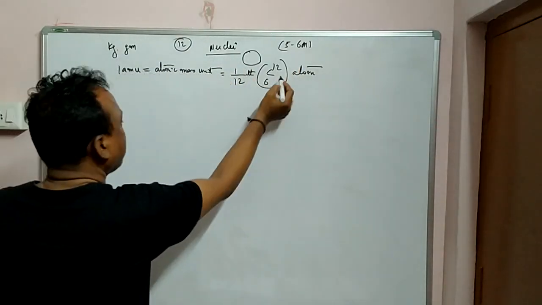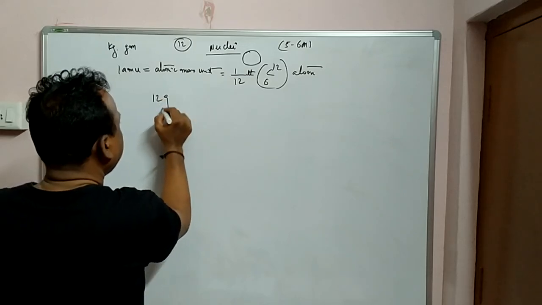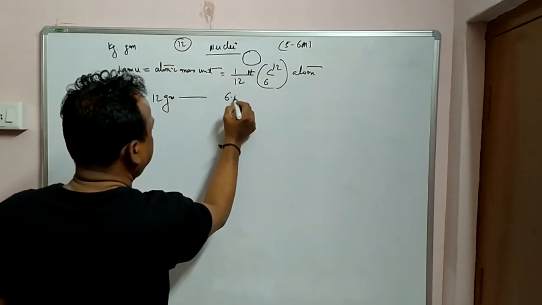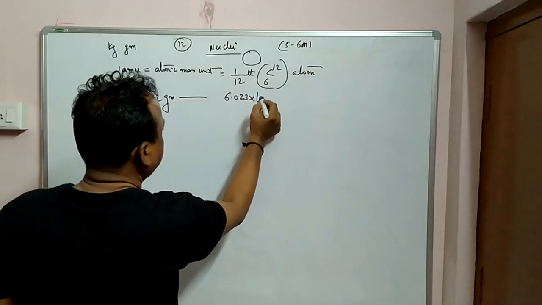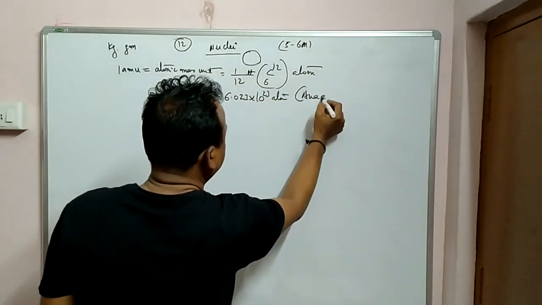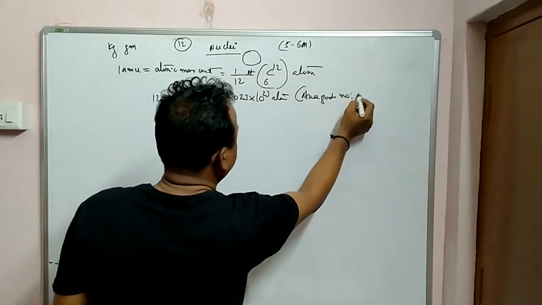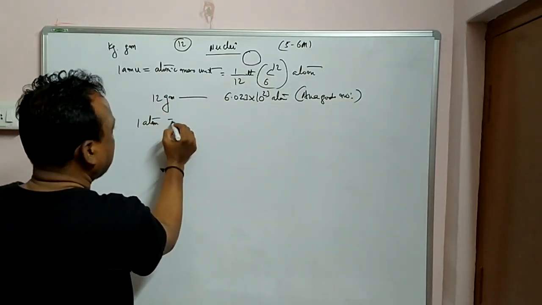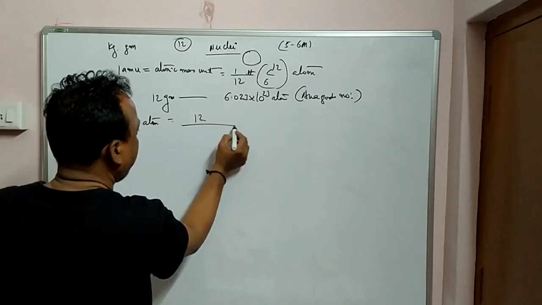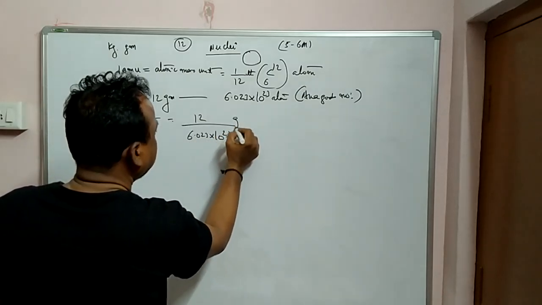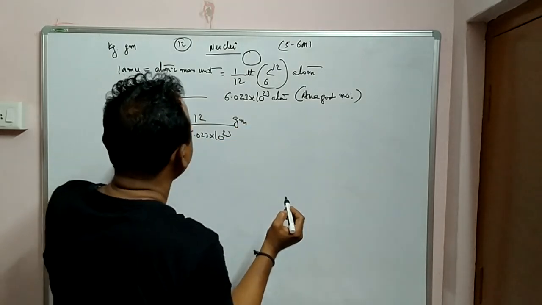From the Avogadro number, the mass number 12 grams is equal to the Avogadro number, 6.023 into 10 power 23 atoms. So one atom is 12 by 6.023 into 10 power 23 grams, by the unitary method.